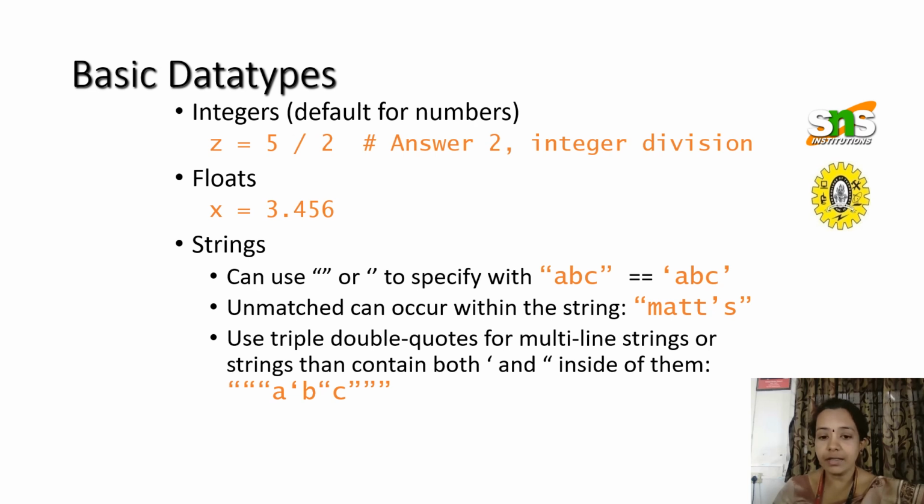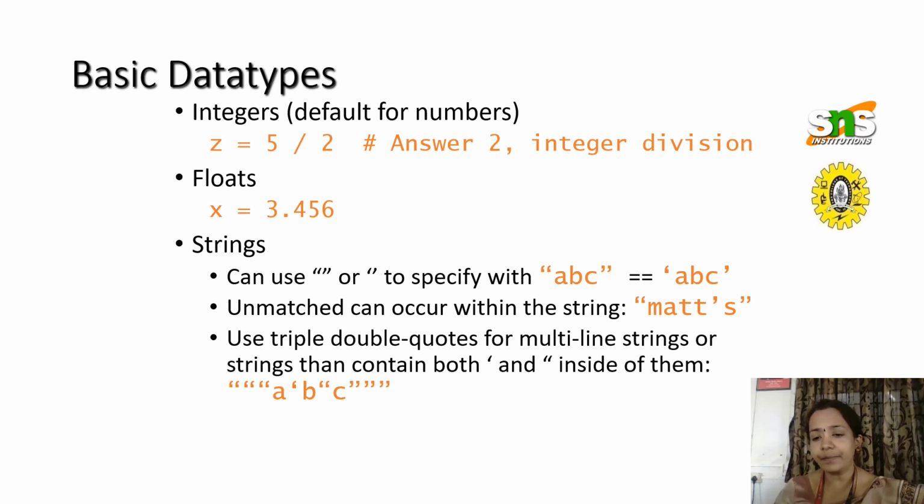String means it is the alphabets or characters together, along with numbers also. The string can be represented with quotes, double quotation or single quotation. But if I use a string mixing double quotation and single quotation like this in Python, it is definitely going to provide an error, because Python will get confused with both the double quotation and single quotation in the same command line.